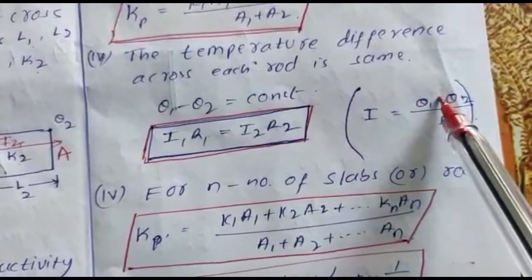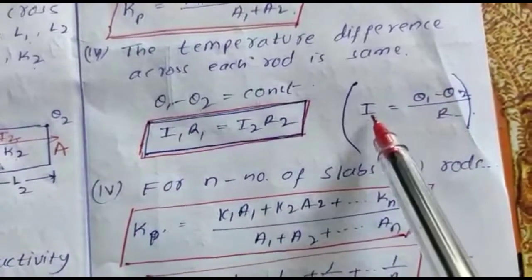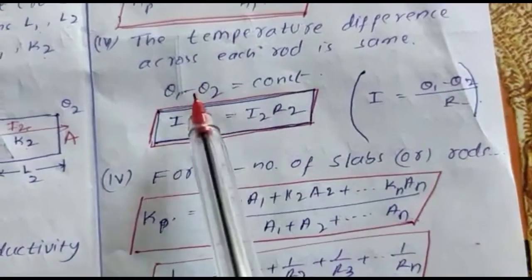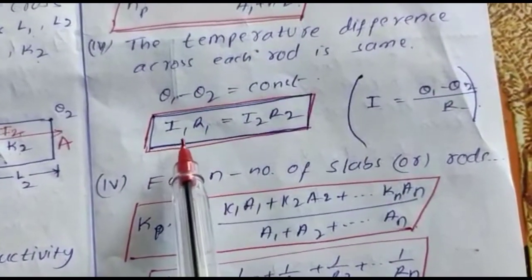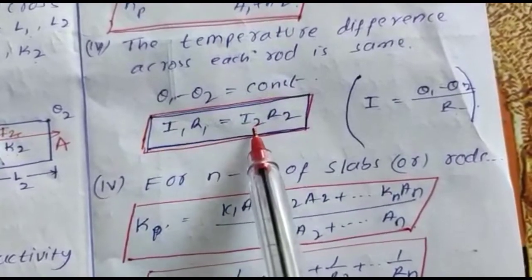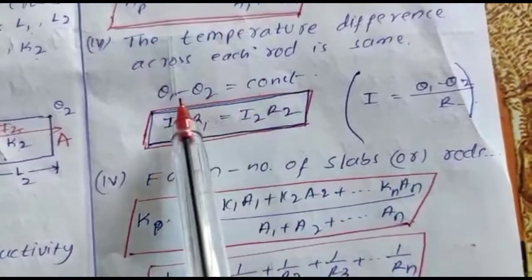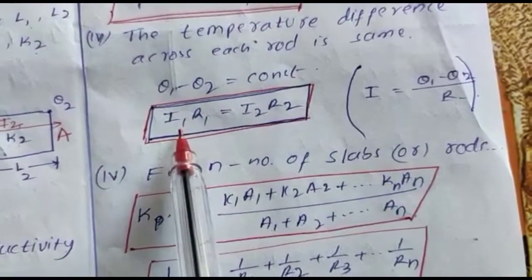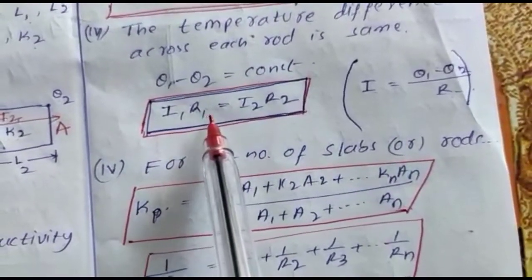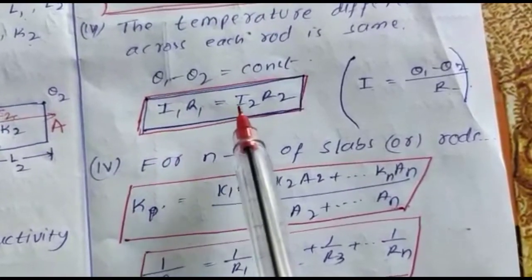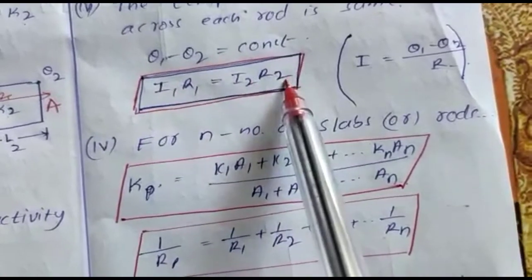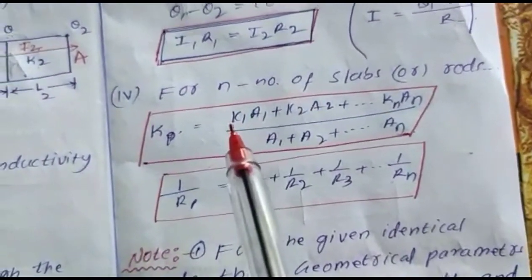Since this is the same, I into R is equal to theta 1 minus theta 2. So for the first conductor it is I1 R1, and for the second conductor I2 R2. As theta 1 minus theta 2 is constant, the product of thermal current and thermal resistance in any rod of the parallel combination is the same, that is I1 R1 is equal to I2 R2.